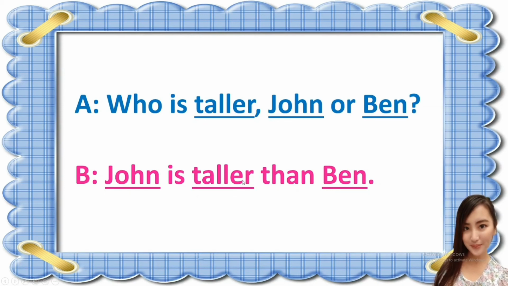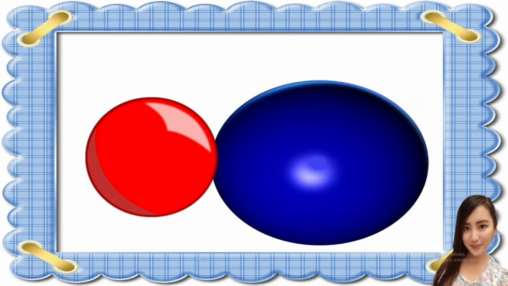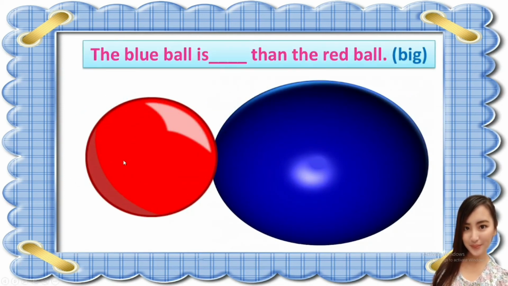Next, in here we have a red ball and a blue ball. The blue ball is blank than the red ball. The adjective is big.